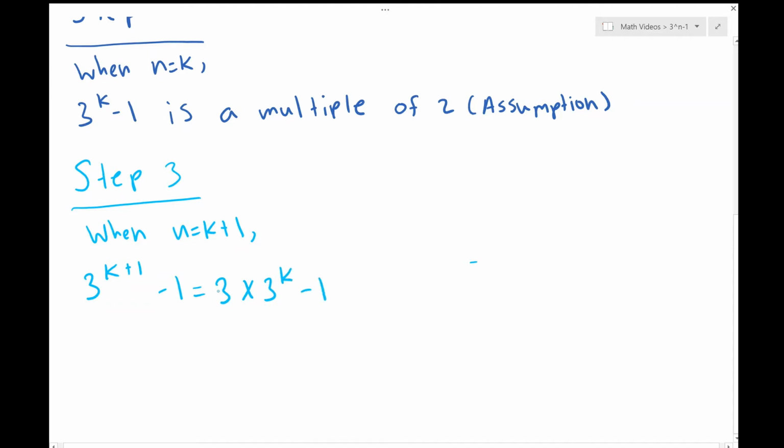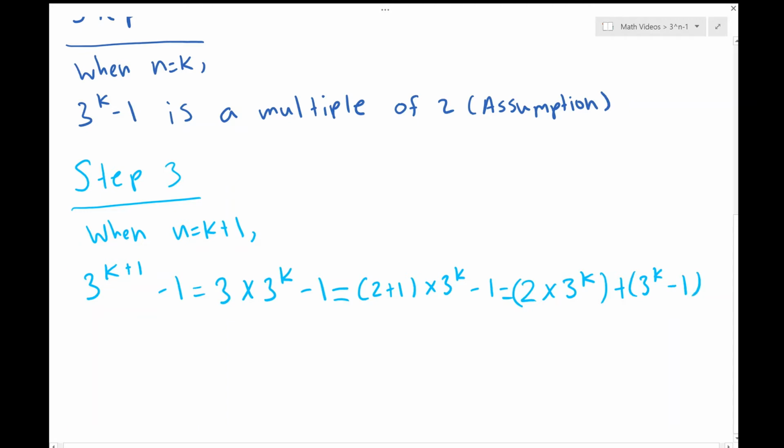And we can split up 3 into 2 plus 1, so we get here (2 plus 1) times 3 to the k minus 1. And now we just multiply and distribute, and we get 2 times 3 to the k, plus 3 to the k minus 1.